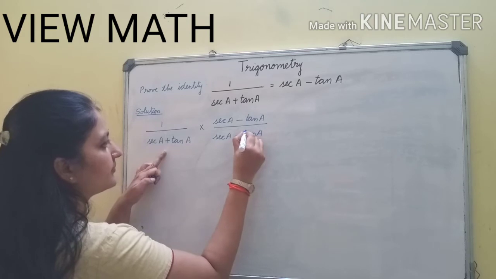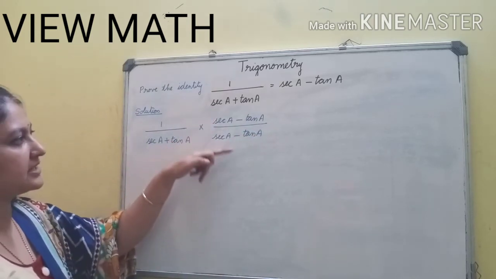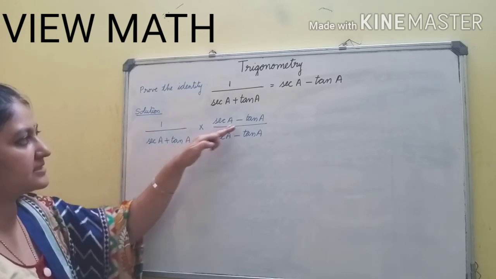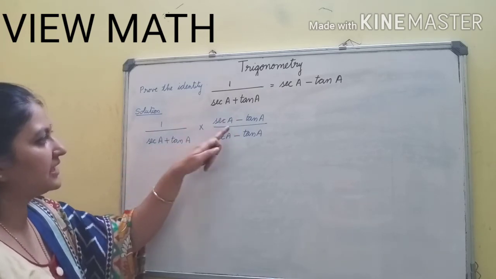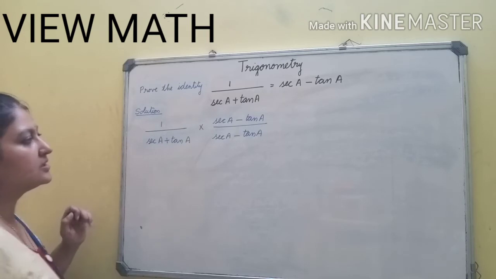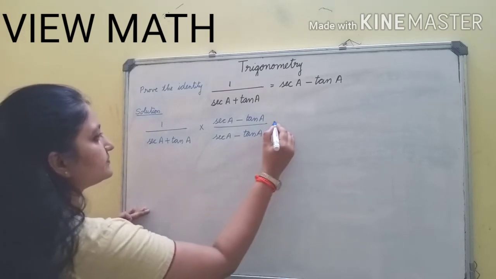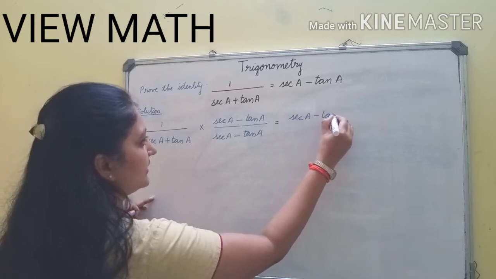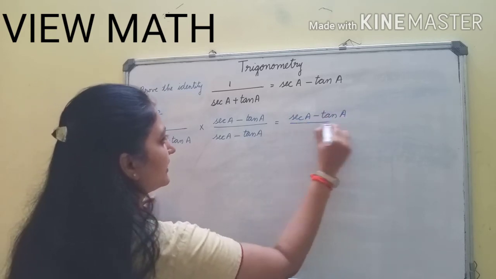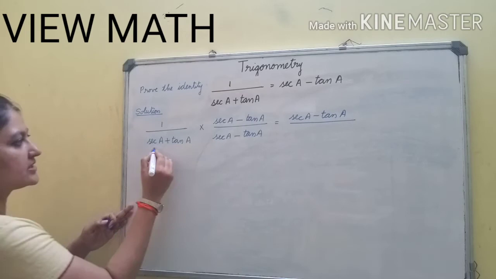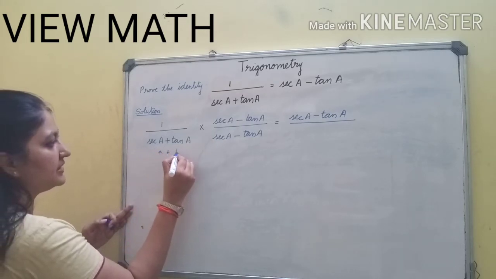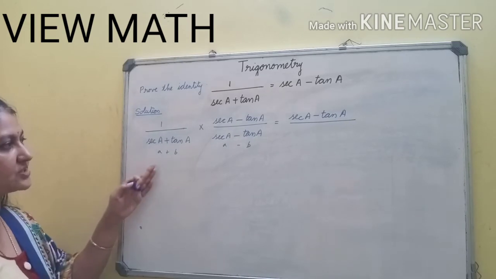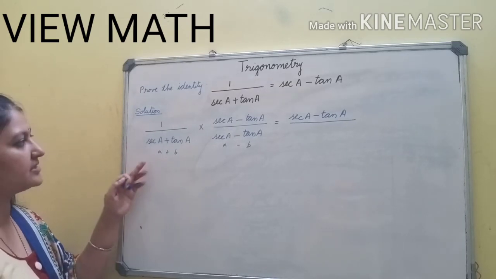Is that clear? Now the conjugate of this is secant A minus tan A, so you are multiplying it and dividing it. Now this is equal to secant A minus tan A divided by, now here in the denominator you can see this is A plus B, A minus B. Now you can use the formula A square minus B square.